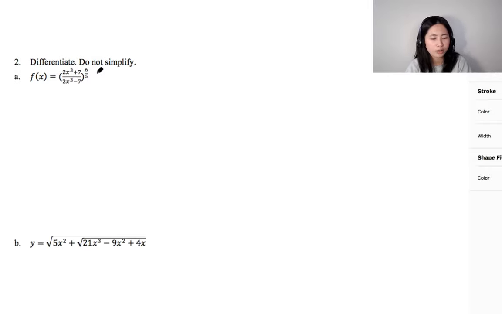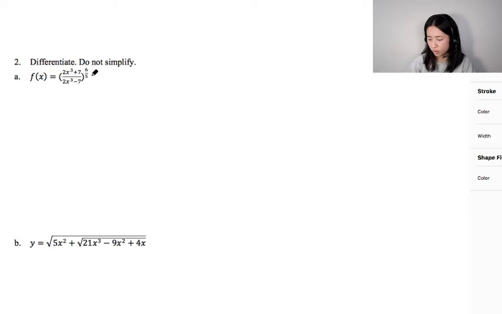But I want you to familiarize yourself with differentiating, right? So for part A, we have f of x is equal to something, which is the term raised to the power of 6 over 5. As you can see, that means we need to apply the chain rule, because it's a term enclosed in an exponent.